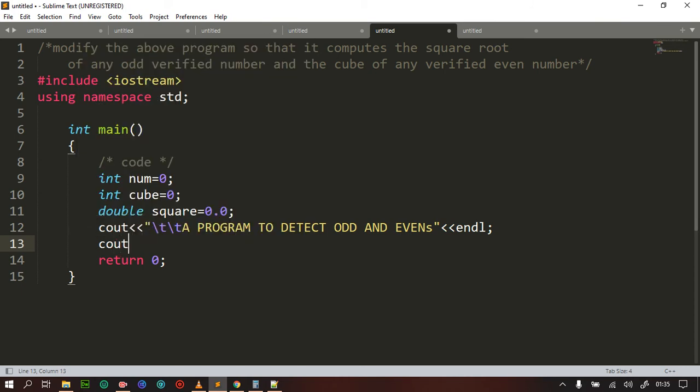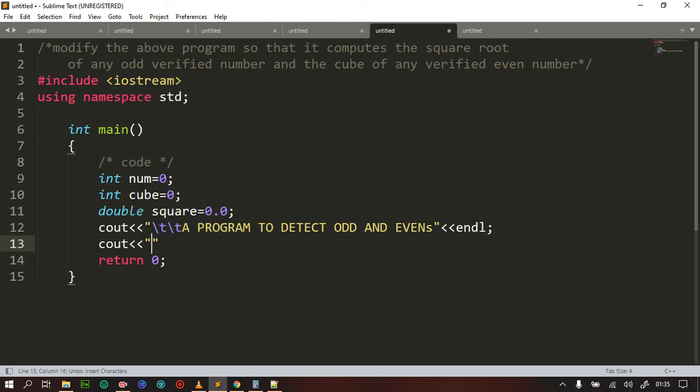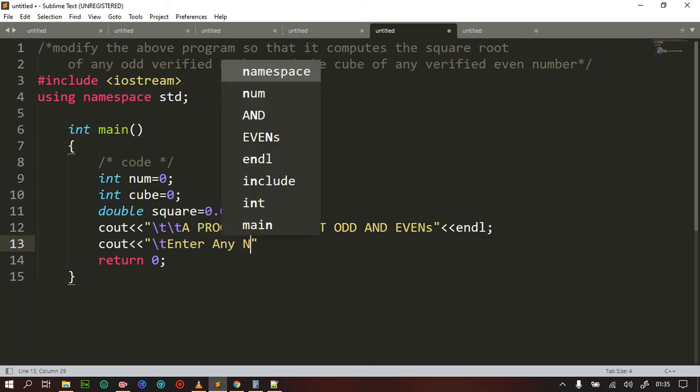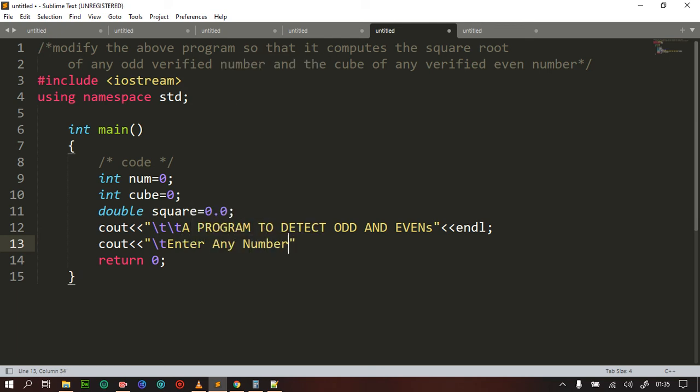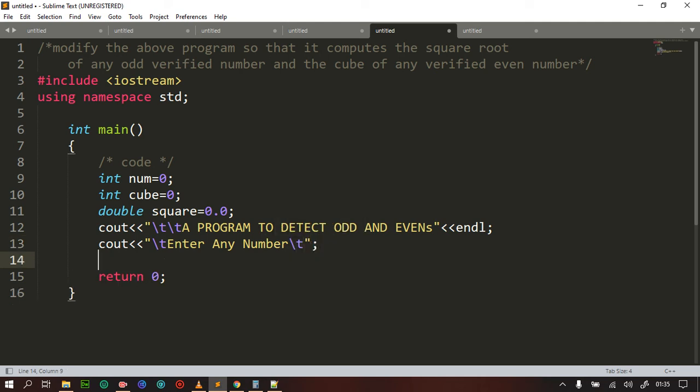So we shall say cout, what am I doing, cout, enter any number. So cin, of course that is num. So we check the number given. So how are we going to do that?